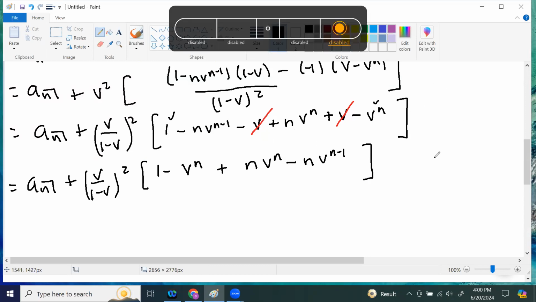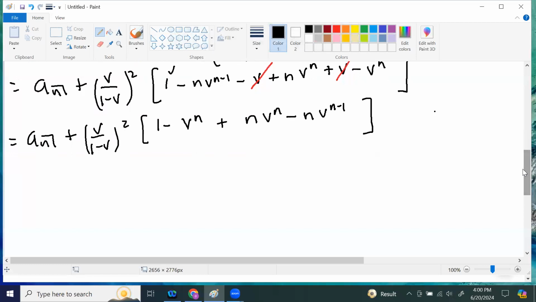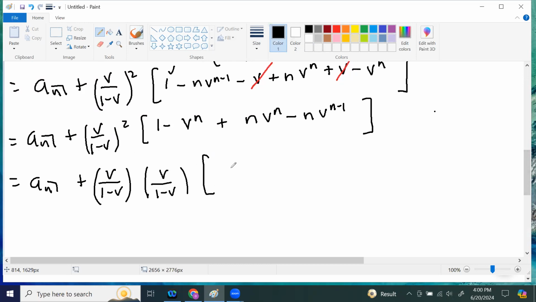Now, let's go ahead and continue on here. And I will be doing something with this. Now, if it looks like I'm waffling here, there's a reason for it. Yes, I just squared that out. I now have a 1 minus v^n. Then I'm going to do this in a different color here.